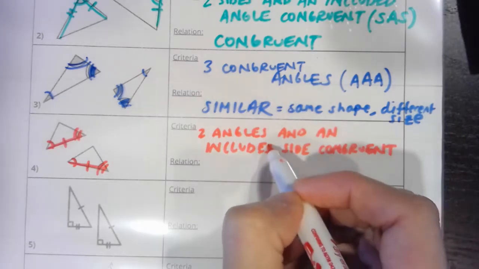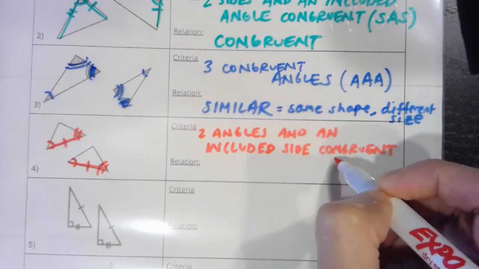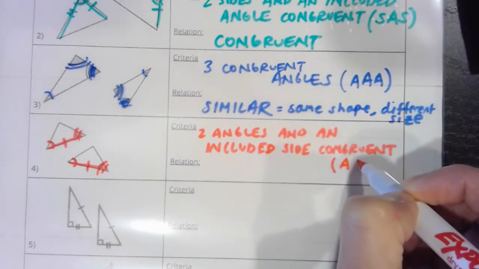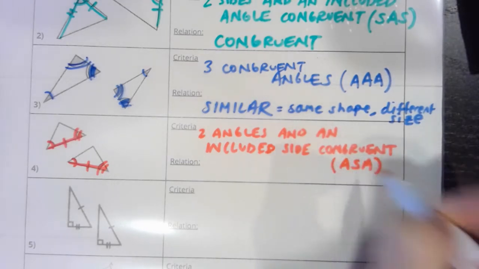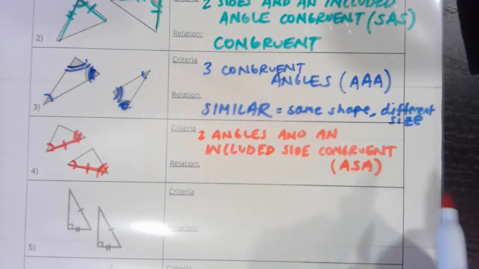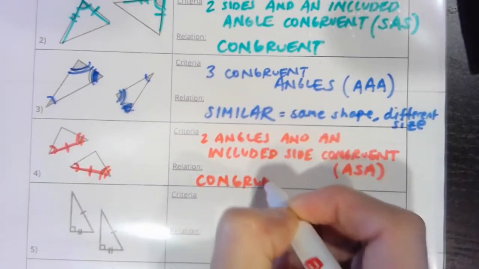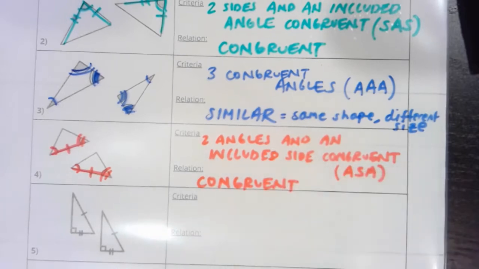The shorthand for this is angle, side, angle, with the side touching the two angles. If that's the case, we can conclude that the two triangles are congruent.